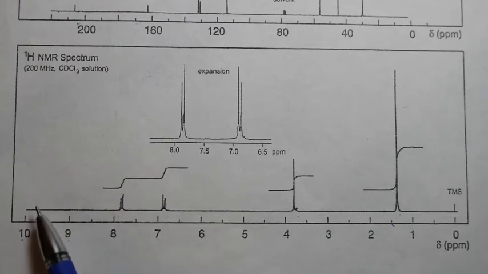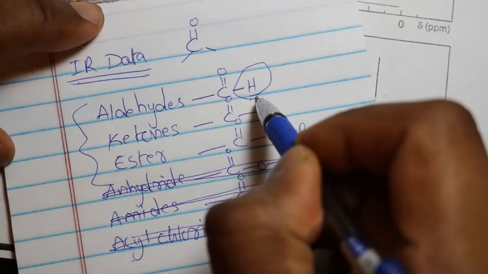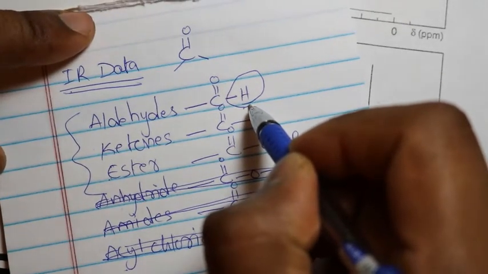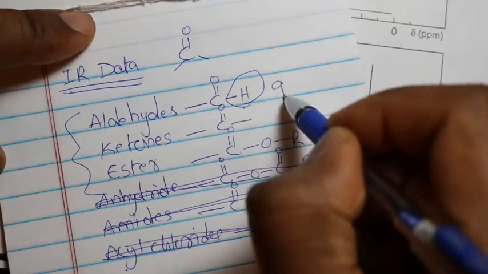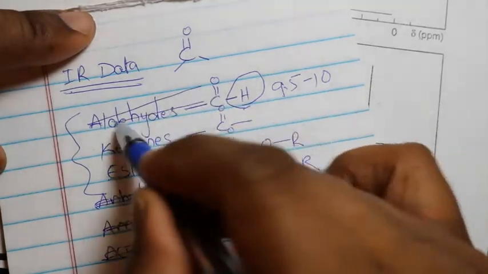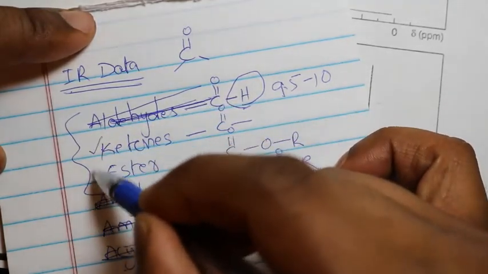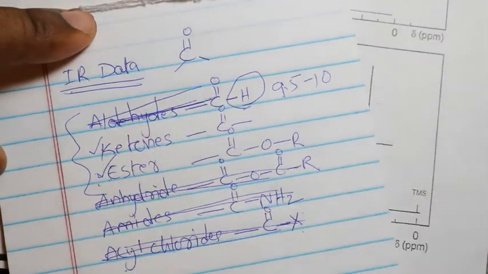Since we do not see any peak between 9.5 and 10, there is no aldehyde functionality in the molecule, so we can eliminate it. Now we are left with only ketone and ester functional groups.